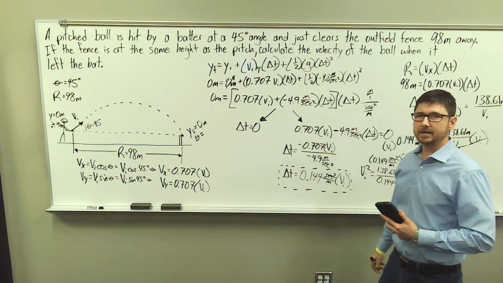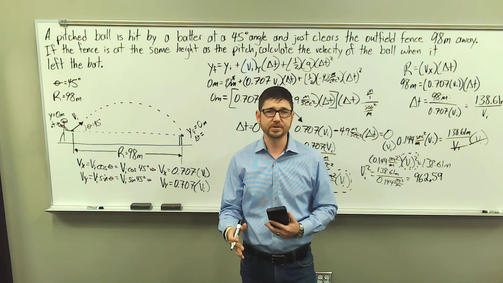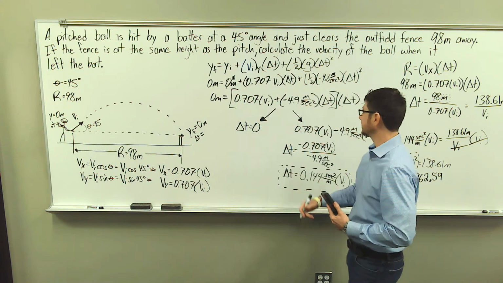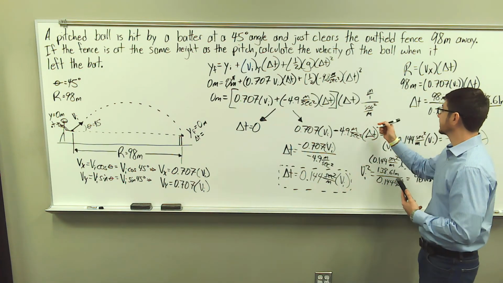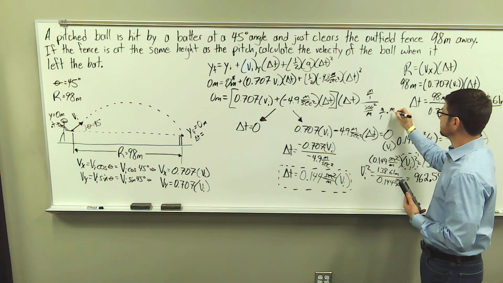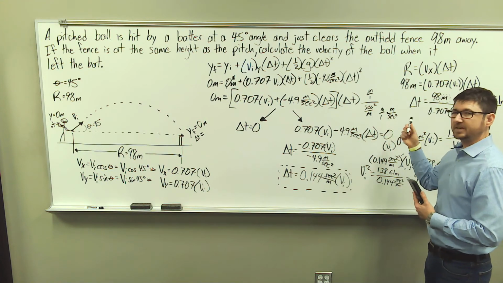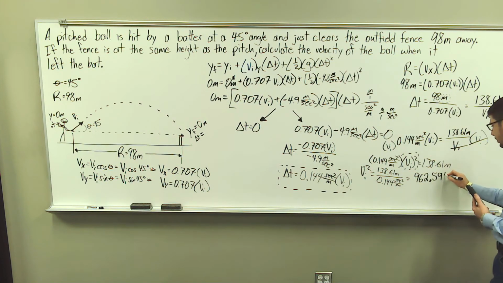And remember the old algebra rule that tells us whenever we divide fractions, it's like multiplying by the inverse of the denominator. So what we have here is meters over 1 times meters over seconds squared. So this is going to give us meters squared per second squared.